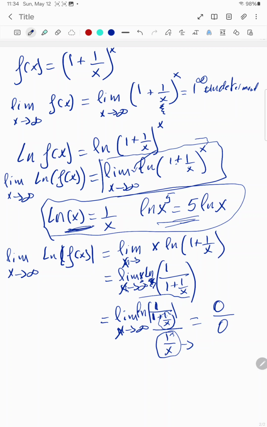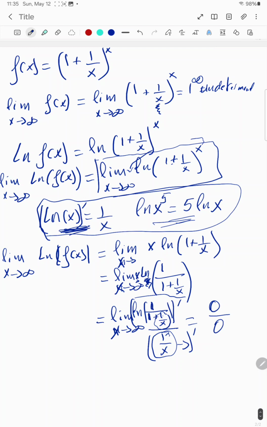And now I have to do the derivative of the numerator over the derivative of the denominator. The derivative of ln of, now that's a derivative here. I can use that part of the formula. Sorry. Before I used only this part, and now I will use that part of the formula.